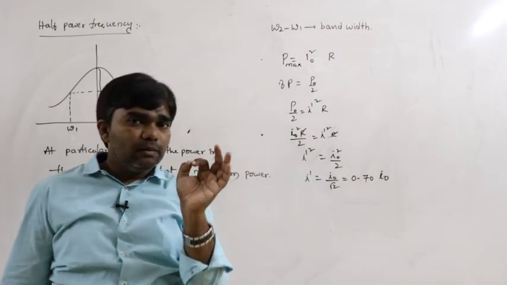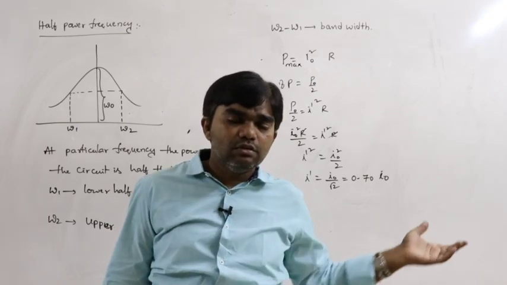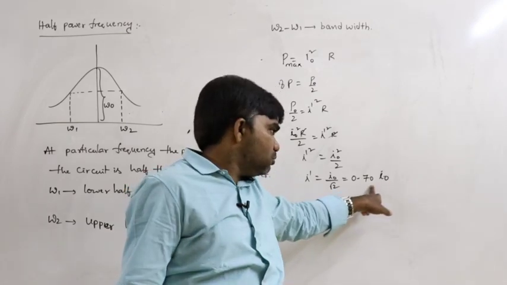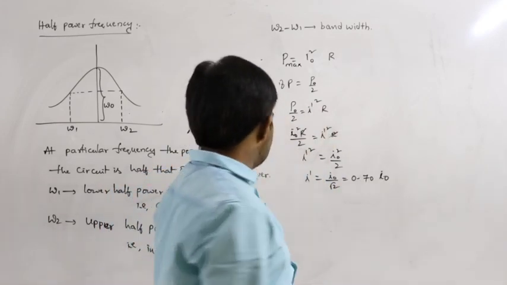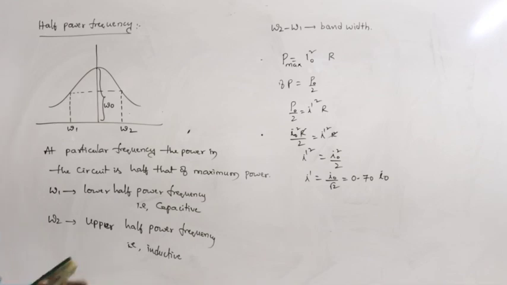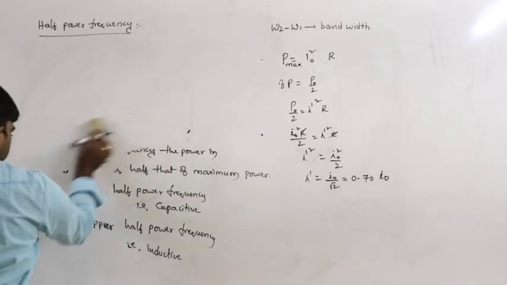So if the power is half of the maximum power, the current passing through the circuit is the RMS current, that is 0.70 or 70% of the peak value of the current. So this is called half power frequency.